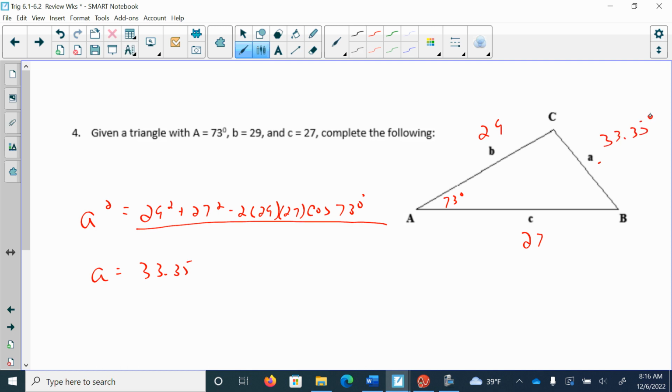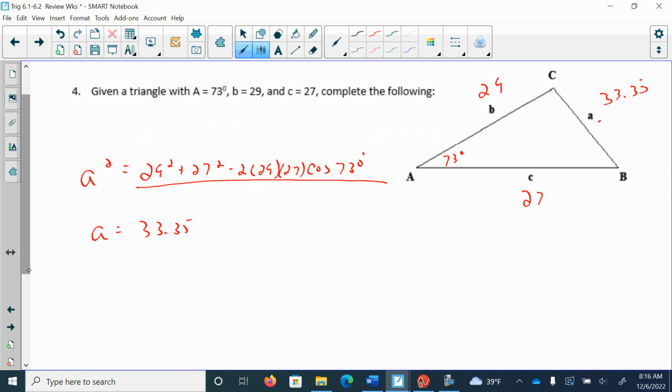So side A is 33.35. Once I have that opposite pair, I am going to use the law of sines. So I'm going to say 33.35 over the sine of 73 degrees is equal to, let's do B next.